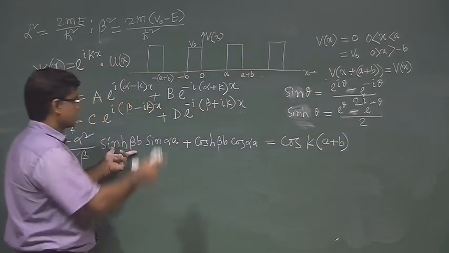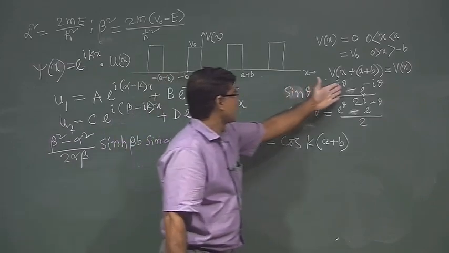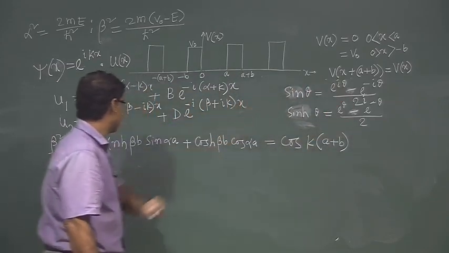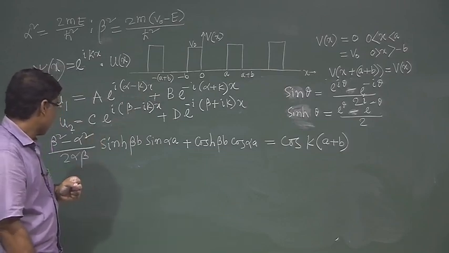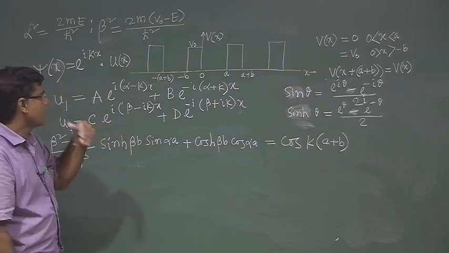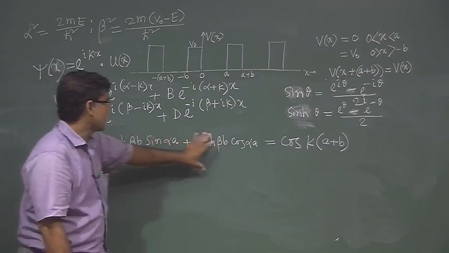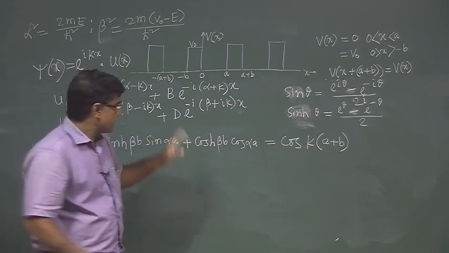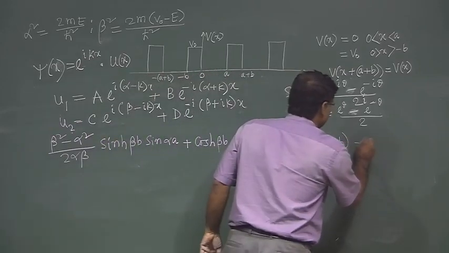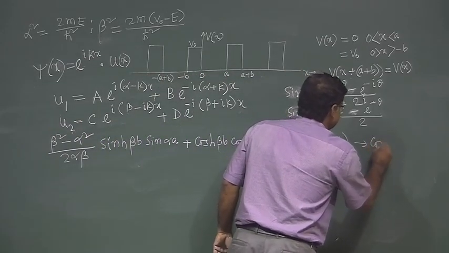So this type of thing was in our equation: the e to the power terms were there with i and without i. That's why this term has come. So this is the solution we got.